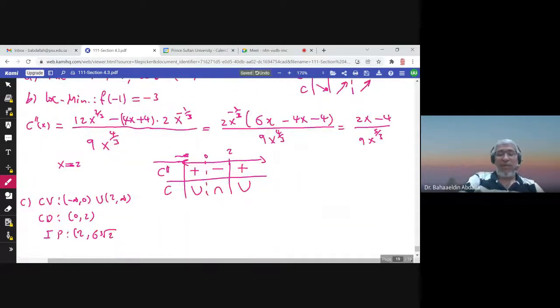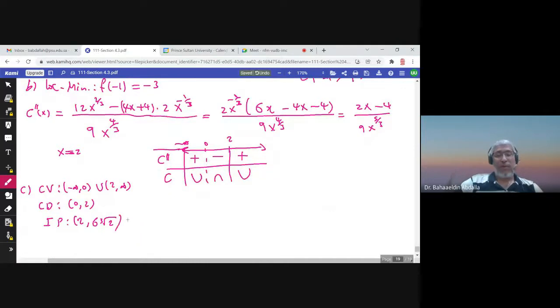Actually, what about 0? Actually, 0 is an inflection point. Why? Because it is in the domain of C. It is in the domain of the function. We have a tangent line at 0, but also it's an inflection point.